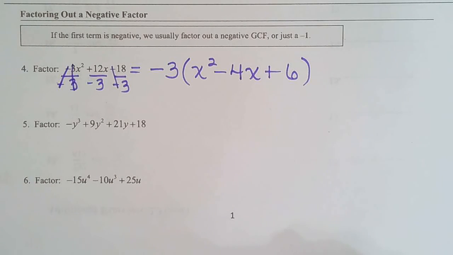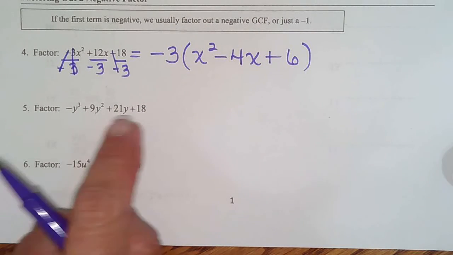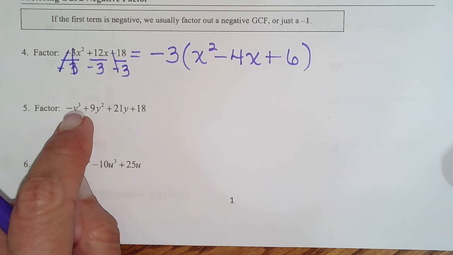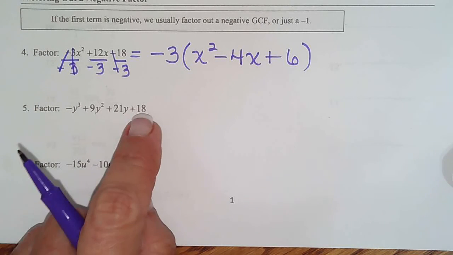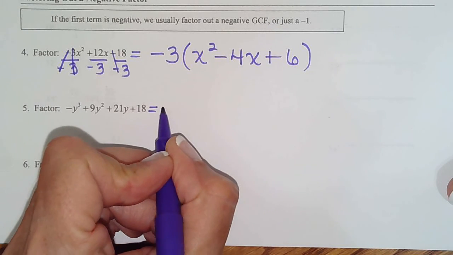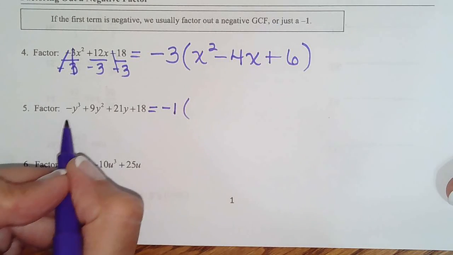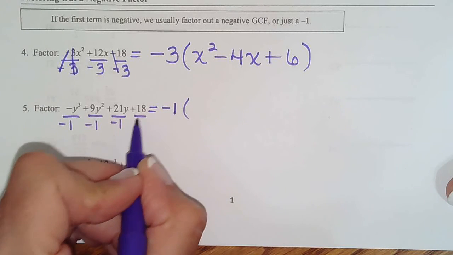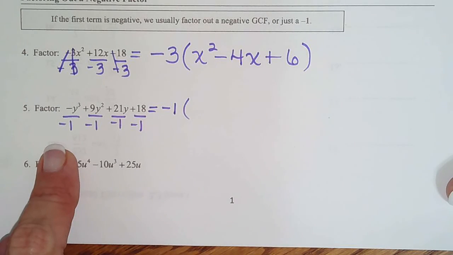So let's do one more, and then you can do one. So, is there a number common? 1, 9, 21, 18. Nope, because this one's 1, so I can't take a number out. Is there a y common? Nope. So if there's not a number common and not a y common, then you would just take out 1. But with a negative because the leading term's negative.